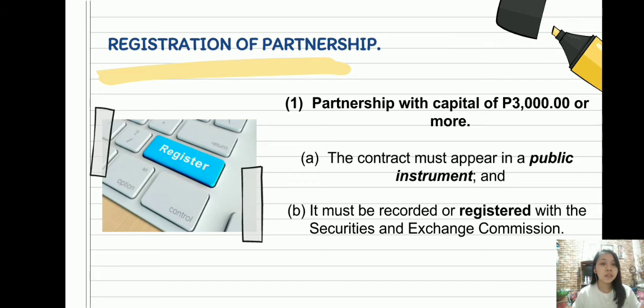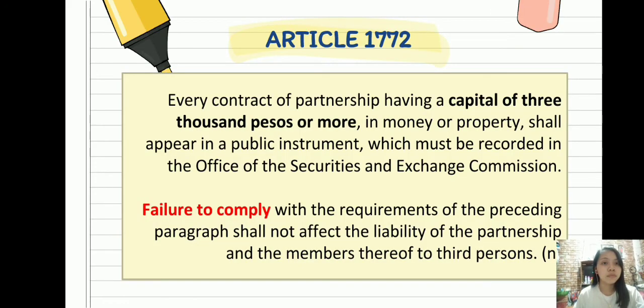And another one is it must be recorded or registered with the Securities and Exchange Commission. Pero, kung natatandaan nyo, yung sa Article 1772, in-state nito that failure to comply with the requirements of the preceding paragraph shall not affect the liability of the partnership and the members thereof to third persons.